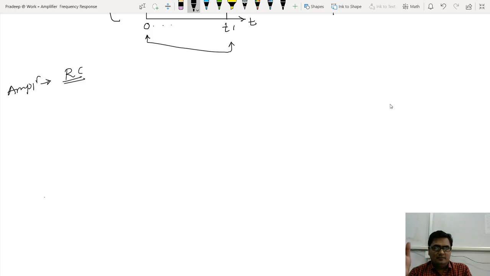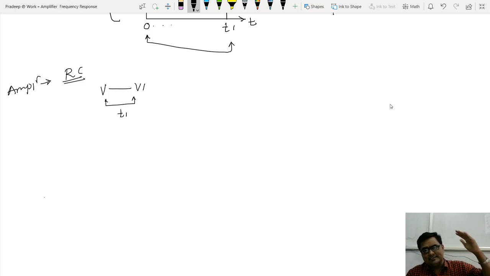So for this RC network, the output voltage changes from V to V1 within a time period of T1. Do you understand that? In time T1, voltage V reduces to V1. That is the rate of the reduction.